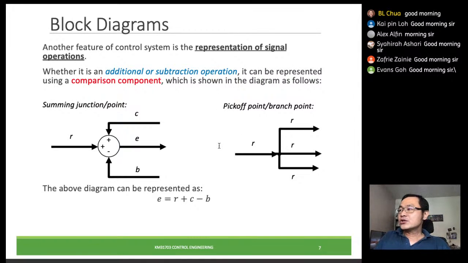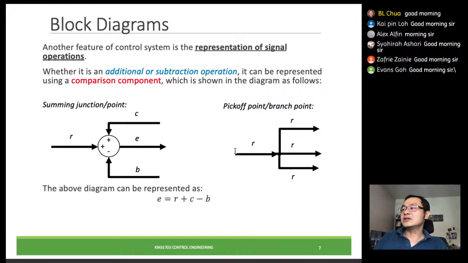Then there is also another type of signal operation where we branch off our signal. So from one single point, it goes into several branches. And since this is a branch off, whatever comes in should be equal to what is going out at the branch.